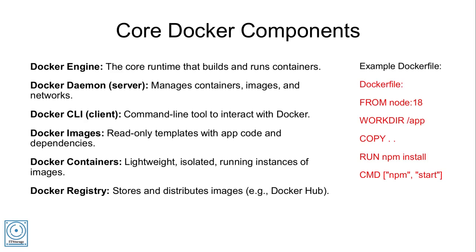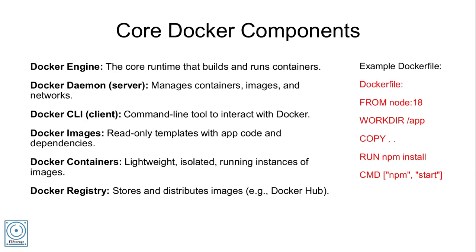Next are Docker images. These are the read-only templates or blueprints used to create containers. They contain your application code, its dependencies, and everything needed to run. We build these using a text file called a Dockerfile.